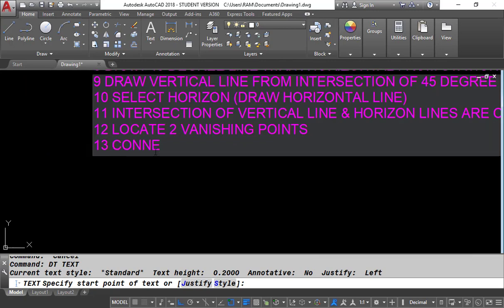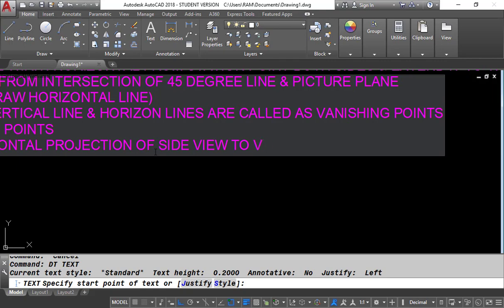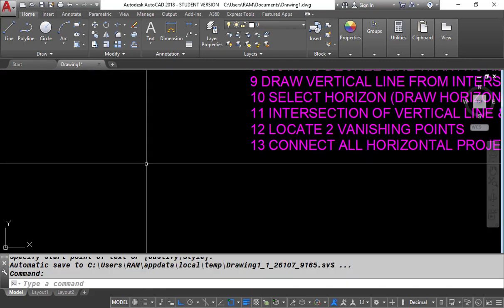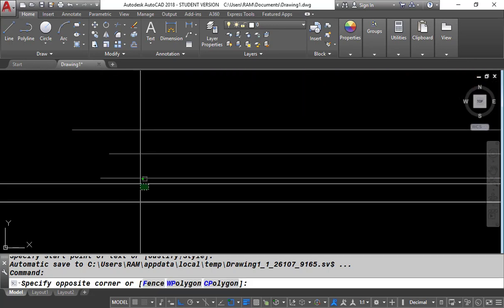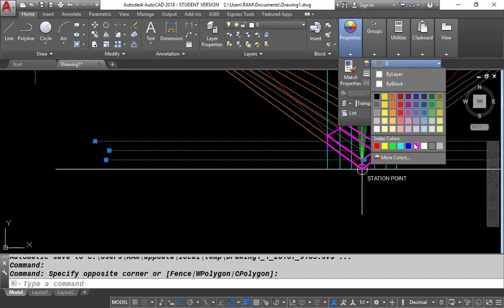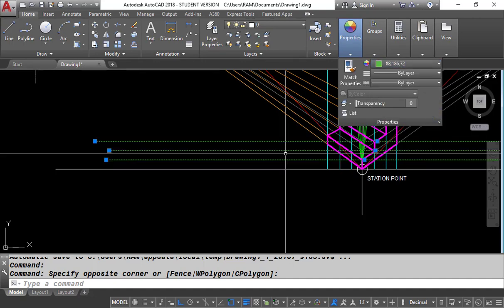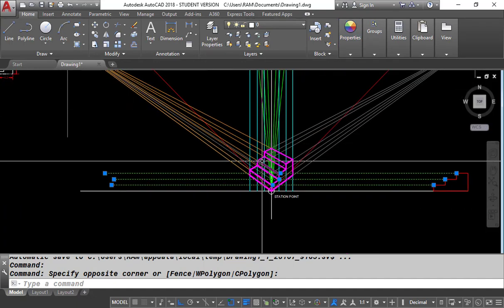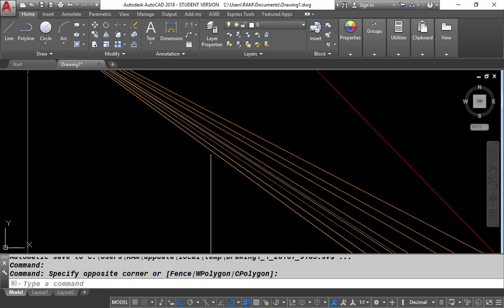So connect all horizontal projections of the side view to vanishing point 1 and vanishing point 2. So what is this? These are horizontal projections of the side view. So let us say I am selecting a different color, light green, and you have to connect all these lines to the vanishing point.